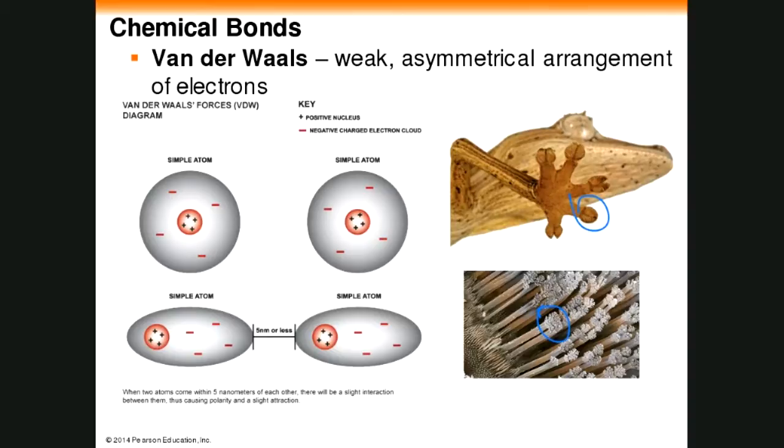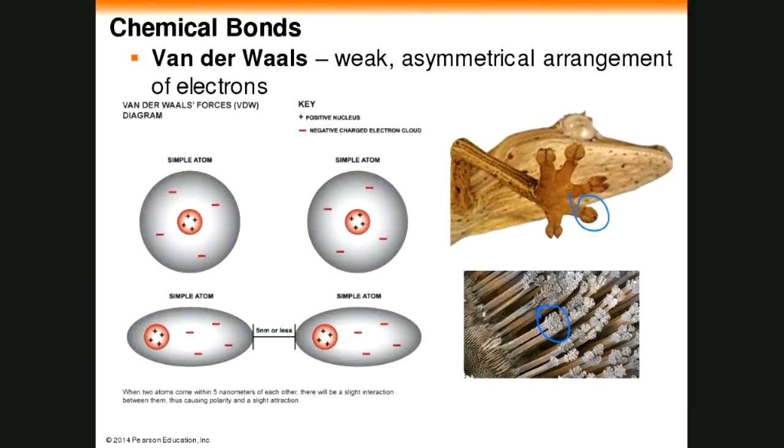These little tiny bristle-like structures, the mass quantity of them allows this gecko to always have at least enough of them that are engaging in van der Waals attraction with the glass atoms to be able to climb up that wall. Isn't that neat?